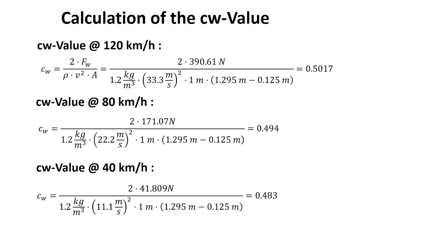At a speed of 100 km per hour, we get a CW value of 0.5. At 80 km per hour, we get a CW value of 0.494. And at 40 km per hour, we get a CW value of 0.48. So you see that the CW value remains nearly constant.